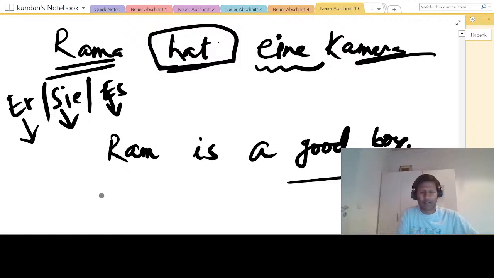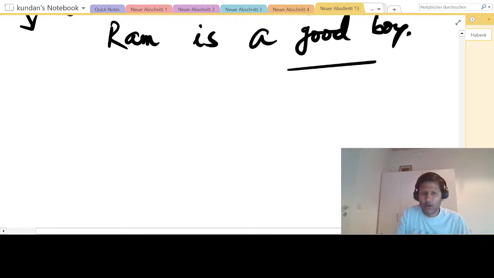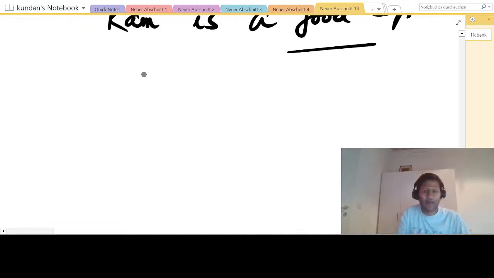That's why I gave this sentence, to check whether you are getting it, or whether I should be happy that you are already understanding everything, or we have to go a bit slowly. We will take 40 to 50 examples in the next class also for this, just to make sure that you guys are understanding. So, Ram is a boy. First of all, tell me which is nominative or accusative.